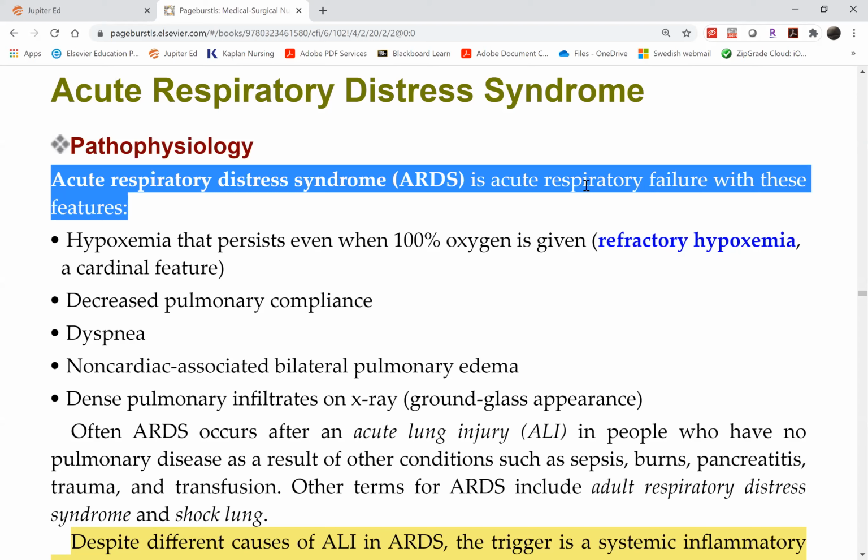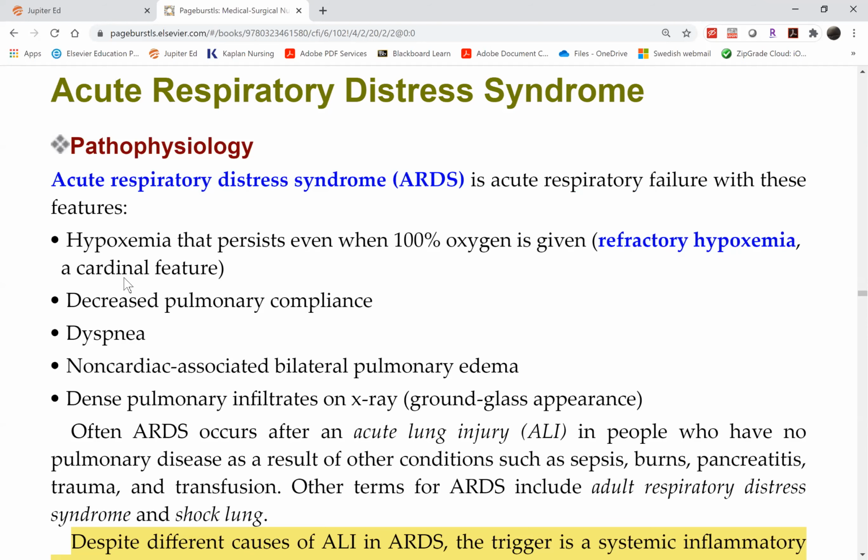Because it says here, it is respiratory failure. Does it have a PaCO2 of over 45? Yes. Is the oxygen saturation less than 90? Yes. So all the features of respiratory failure plus what?